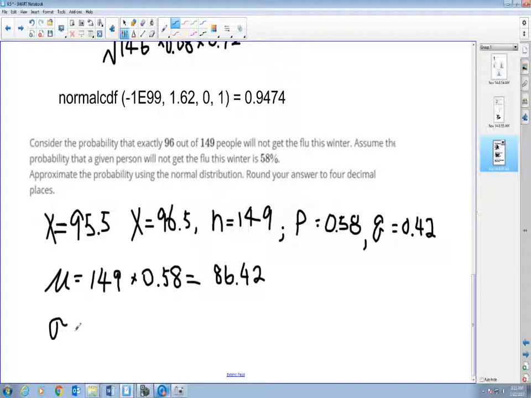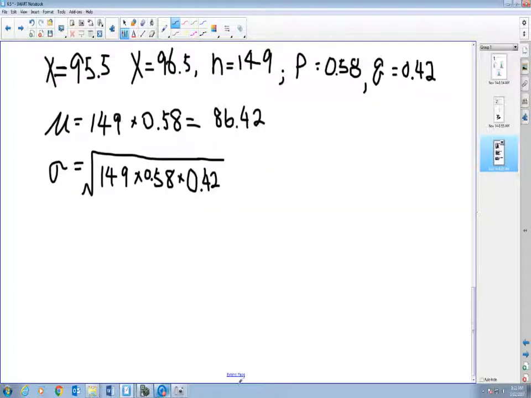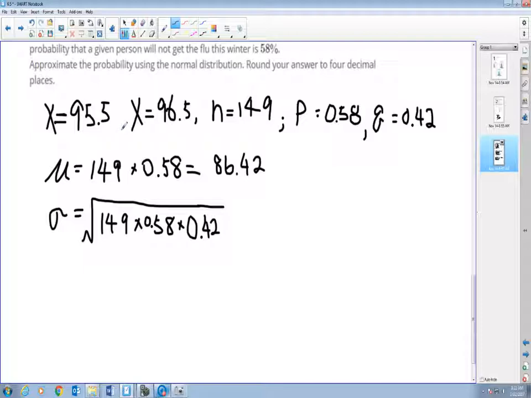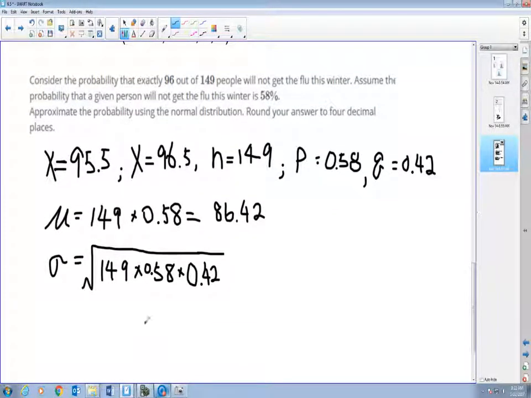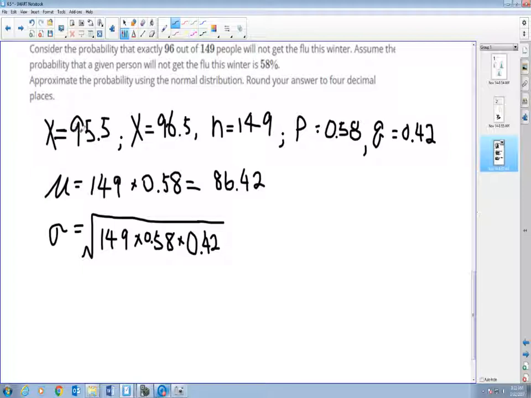Alright, standard deviation, plus or minus so many people will not get the flu. That'll be the square root of 149 times 0.58 times 0.42. Alright, let's find the z-score. The word exact will make me look at the area in between 95.5 and 96.5. So I have to do this twice so I can find my lower bound and my upper bound.